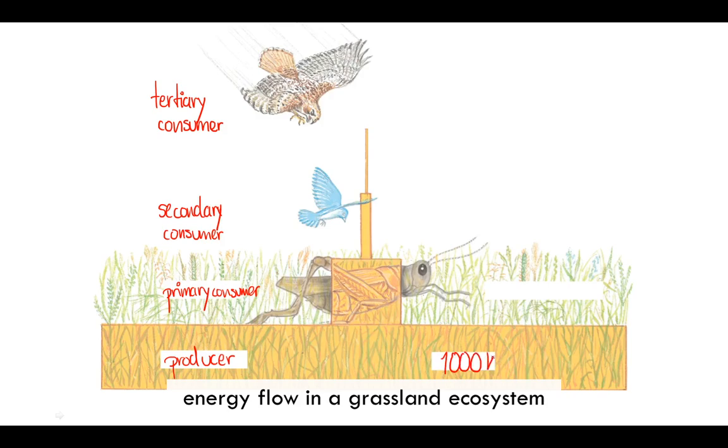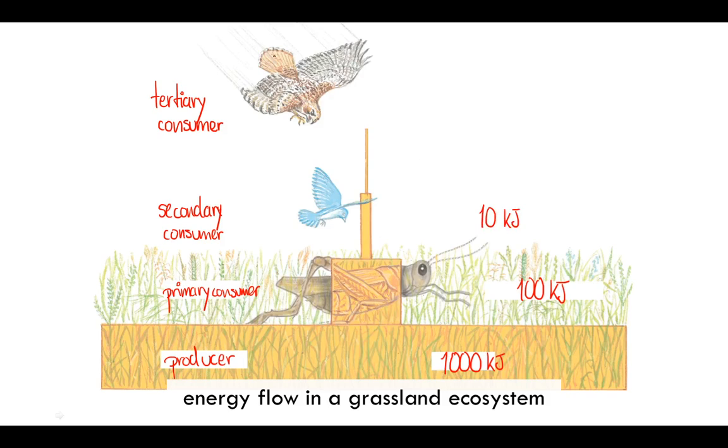1,000 kilojoules of energy is collected by the grass in terms of sunlight. If this grasshopper comes and eats all the grass, every little bit of the grass, it's going to get 10% of that, which is, you will agree, I hope, 100 kilojoules. If the bird comes and eats the whole grasshopper, one big mouthful, it gets 10% of 100, which is 10 kilojoules.